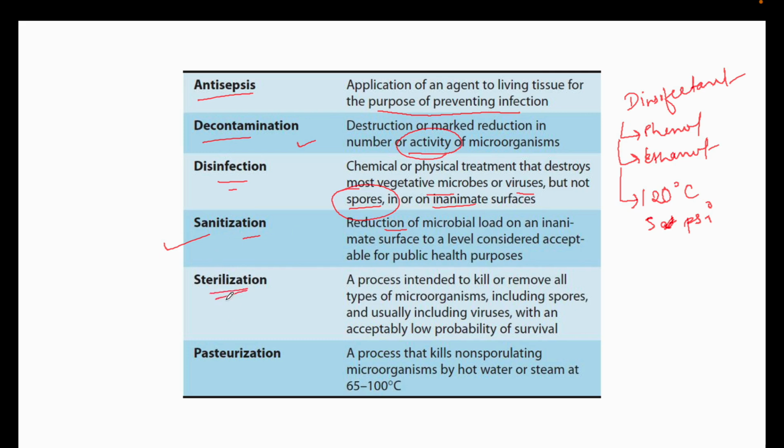Then we have sterilization, a very common term. It is a process intended to kill or remove all types of microorganisms, including spores and viruses, and the probability of surviving is very low.